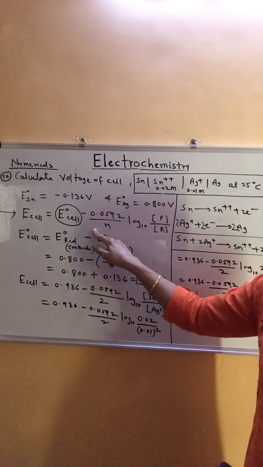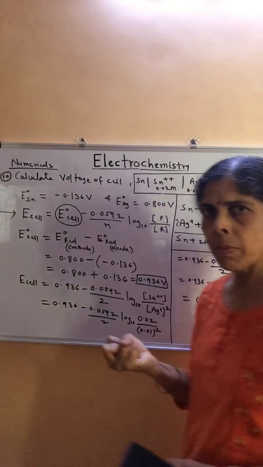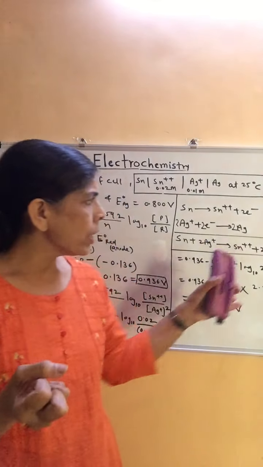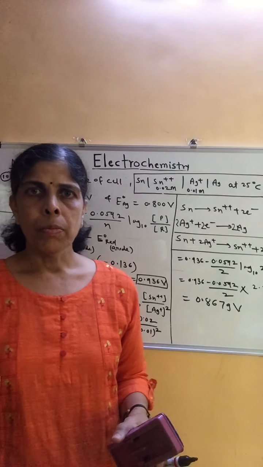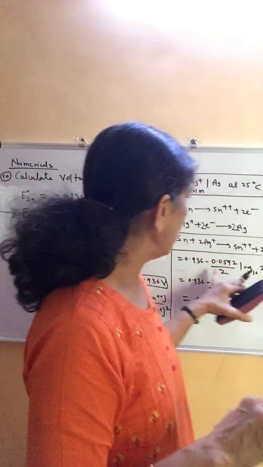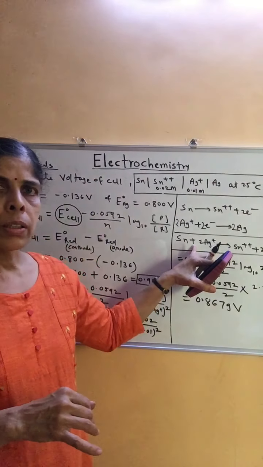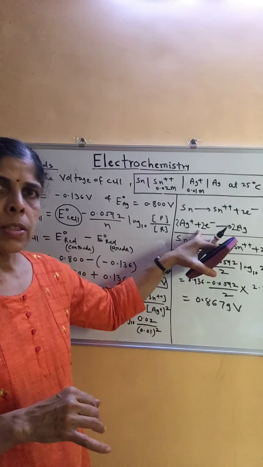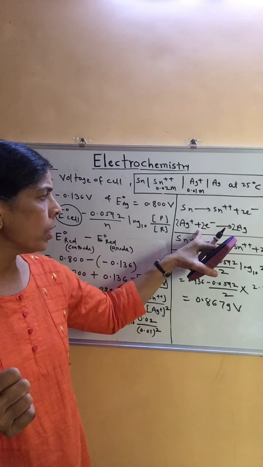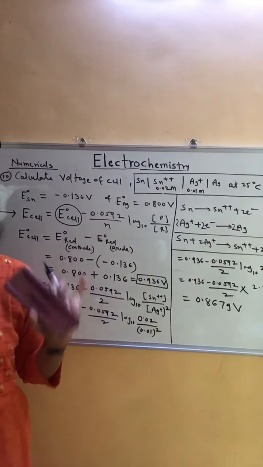Write down the equation, then find out first what is not given. Write all these things very clearly, because there are marks for steps. If you directly write the equation, half a mark will be cut. So write down the half cell reactions so that you get the number of electrons involved, n, isn't it? So solve problems like this.